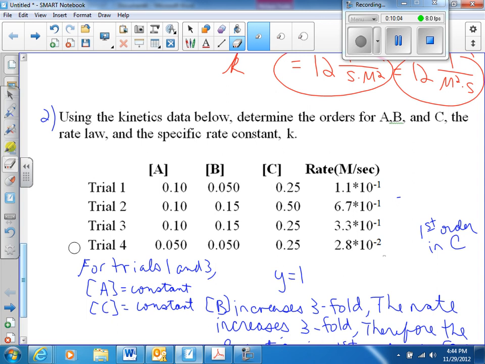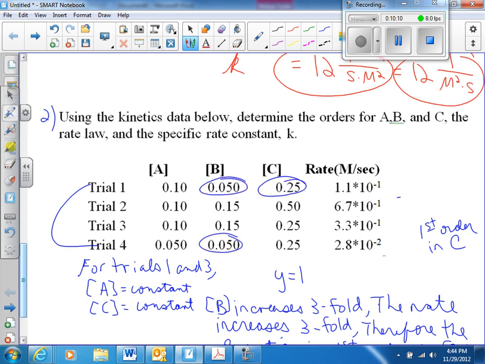Oh, here we go. Trials 1 and 4. Trials 1 and 4. B is constant, C is constant. What happened to A? A doubled, because 0.05 times 2 is 0.1. The reaction rate, oh dear, went up by a factor of 4.